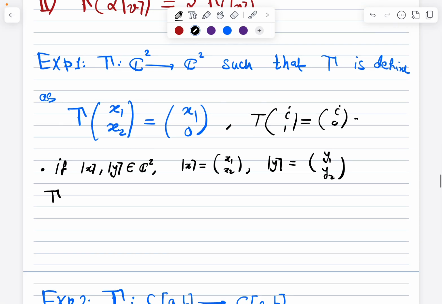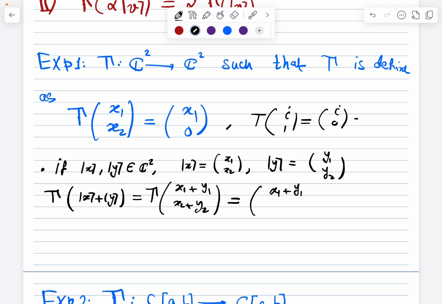Now if we apply T on the summation x plus y, that is equivalent to applying T to the sum of the components, so it is (x1 plus y1, x2 plus y2). By the definition of the function, it gives me just the first component of this vector, so x1 plus y1, and here I will have 0. That can be written as (x1, 0) plus (y1, 0).